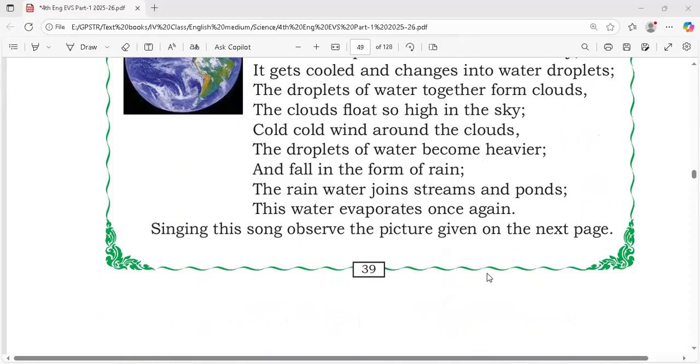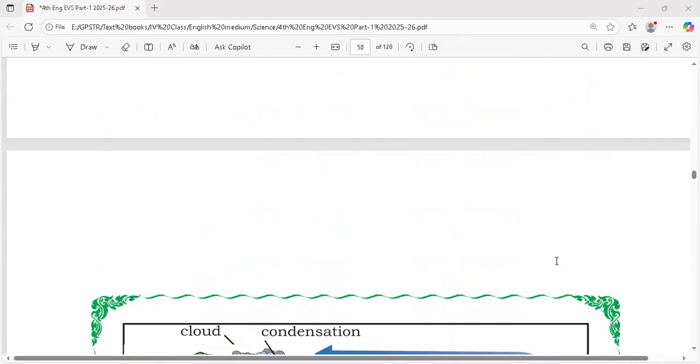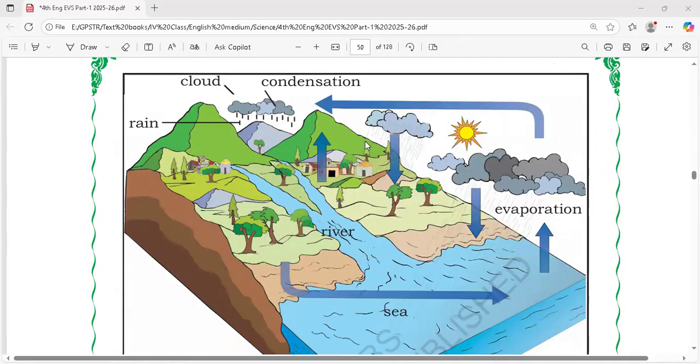Singing this song, observe the picture given on the next page. See the picture: sea water, sun, water evaporating due to heat of sun. See, this is the process of evaporation.